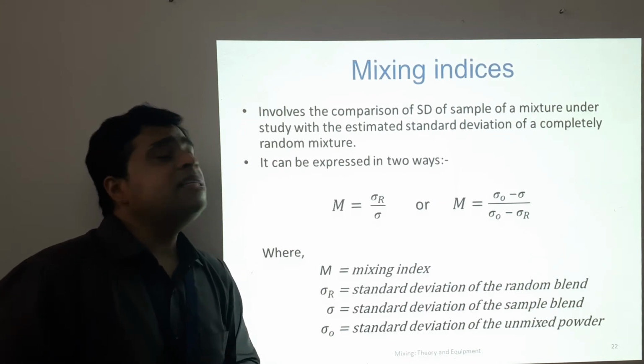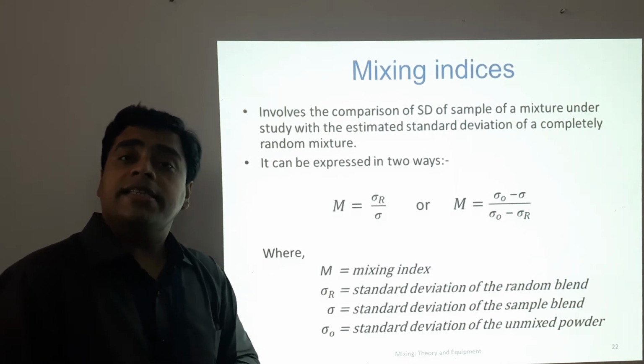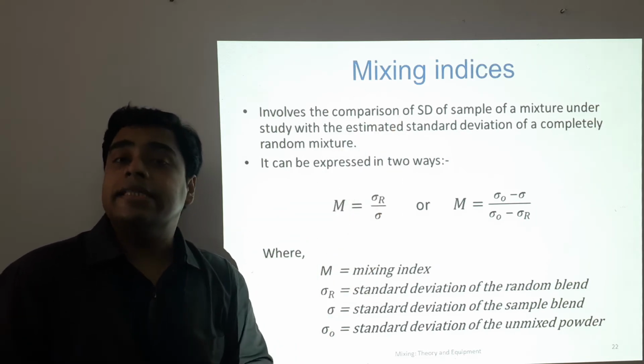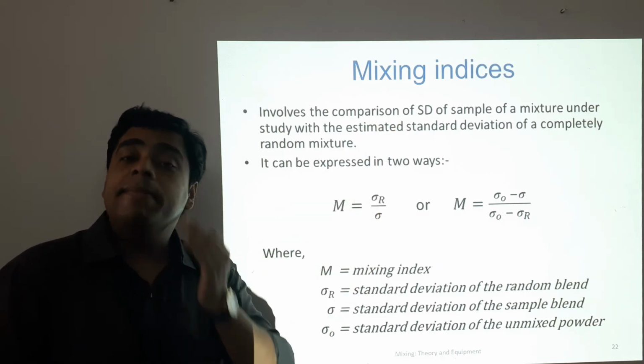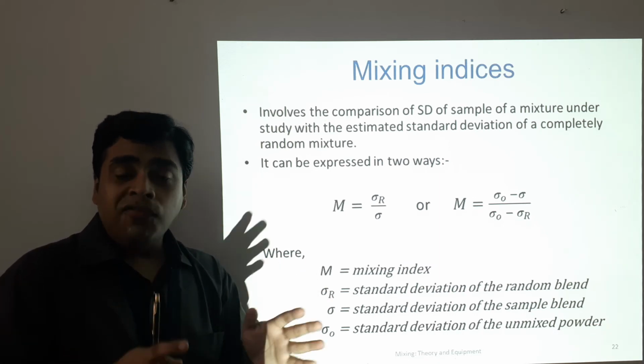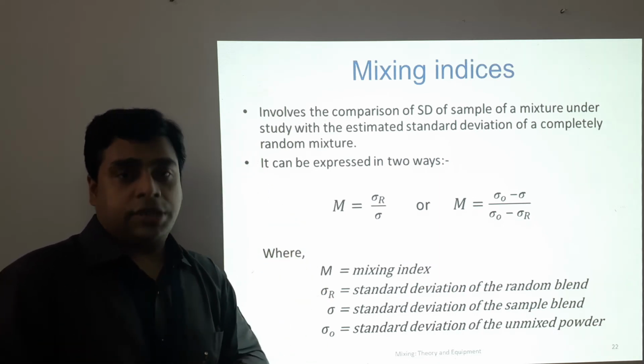So we are into the last topic of our mixing chapter, that is mixing index or mixing indices. So what is basically mixing indices? It is a statistical derivation of your entire mixing process.